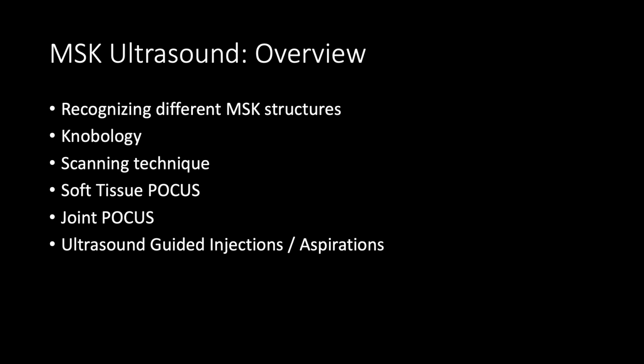As an overview of this module, we'll discuss how to recognize different structures commonly seen during MSK scans, including muscles, bones, tendons, nerves, skin, and soft tissue pathology. We'll review the relevant knobs and settings needed on the ultrasound machine to get an appropriate view of each of those structures. We'll also talk about scanning technique and go over some tips and tricks to help make relevant anatomy more pronounced to diagnose common problems.